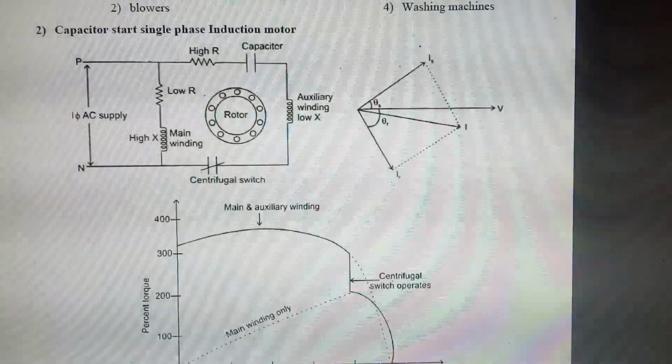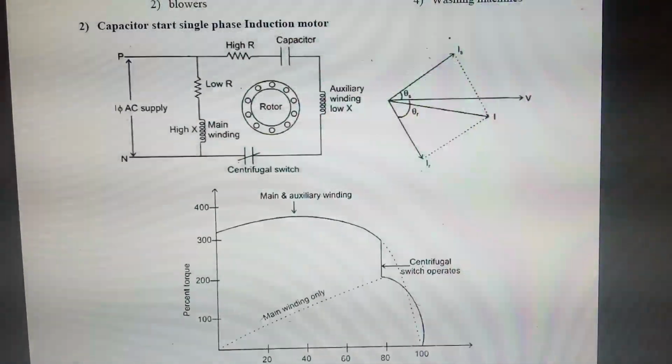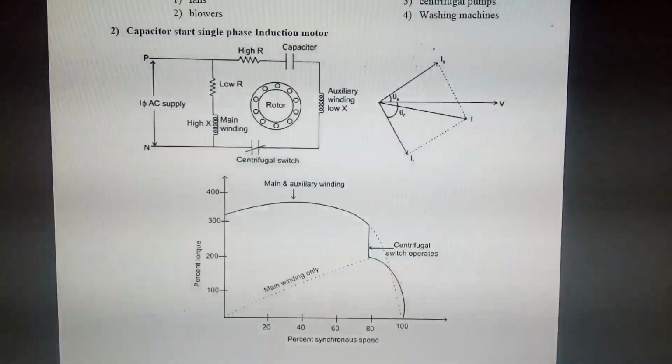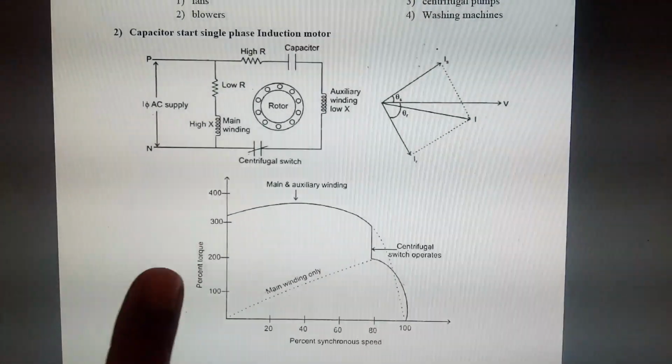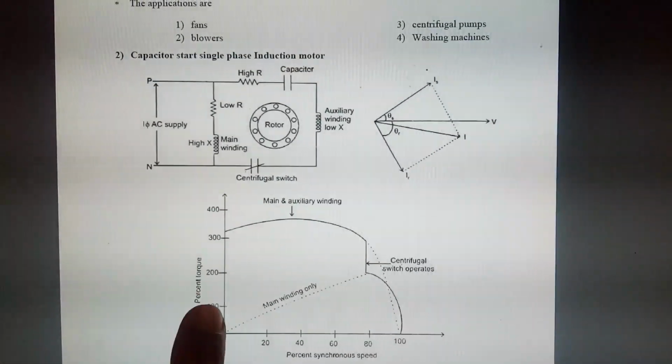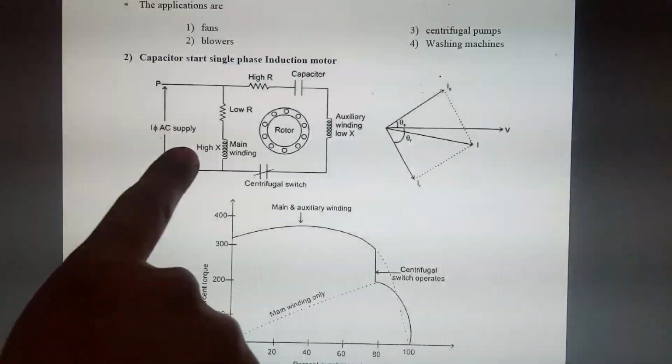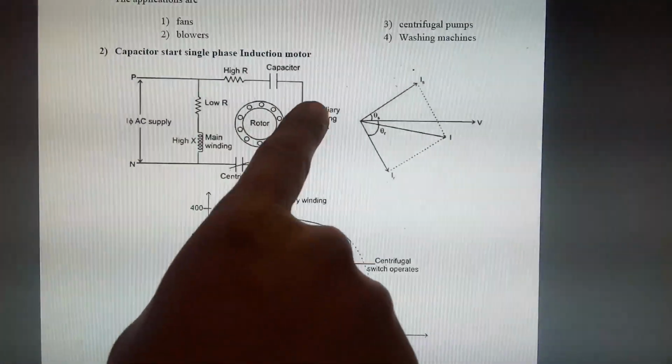So what is the difference between the previous method and this method? The same operation applies here. With the single phase input supply, at the time of starting the main winding and auxiliary winding are included.